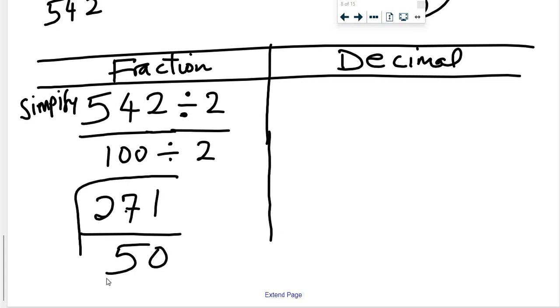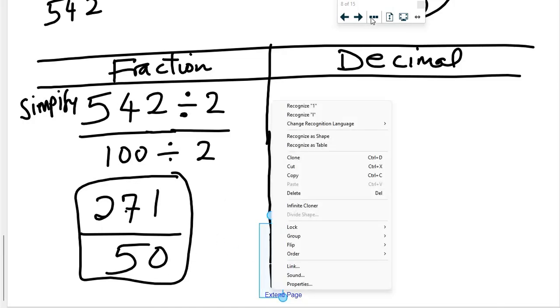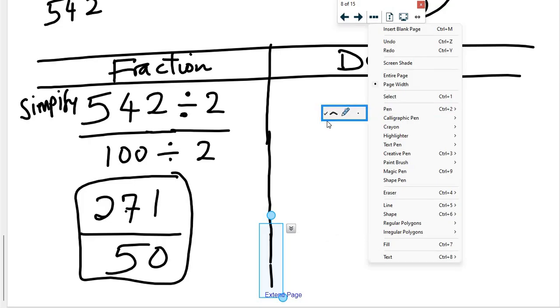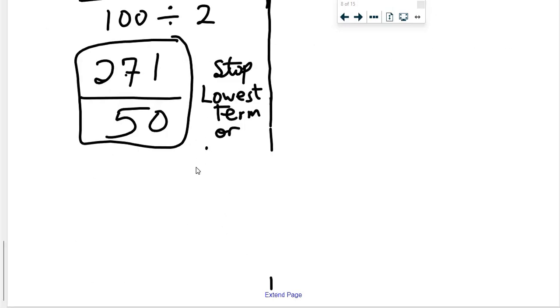Now, this will be the simplest form, meaning there is no number that can divide 50 and 271. So you stop here. The moment you stop here, this is what we call the lowest term. Or, in other words, the simplest form.